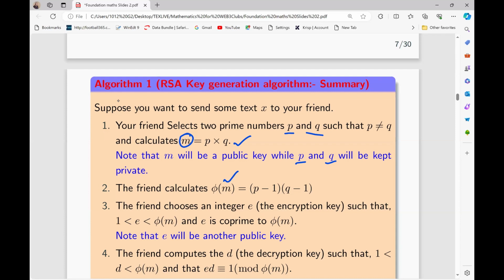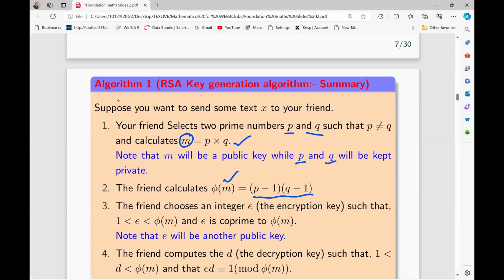And if you are dealing with two prime numbers, it's just easy. Your friend does P minus 1 times Q minus 1, because those are prime numbers. So it becomes very easy to find the phi of M.